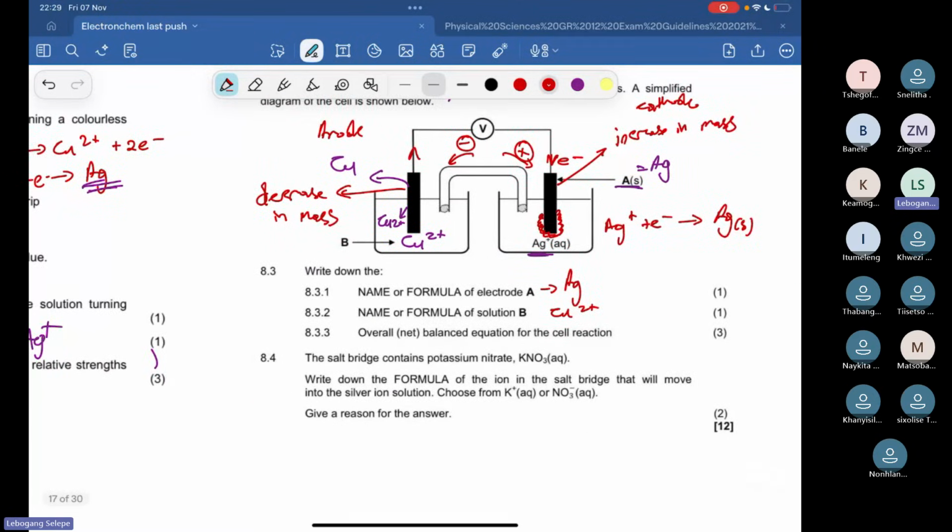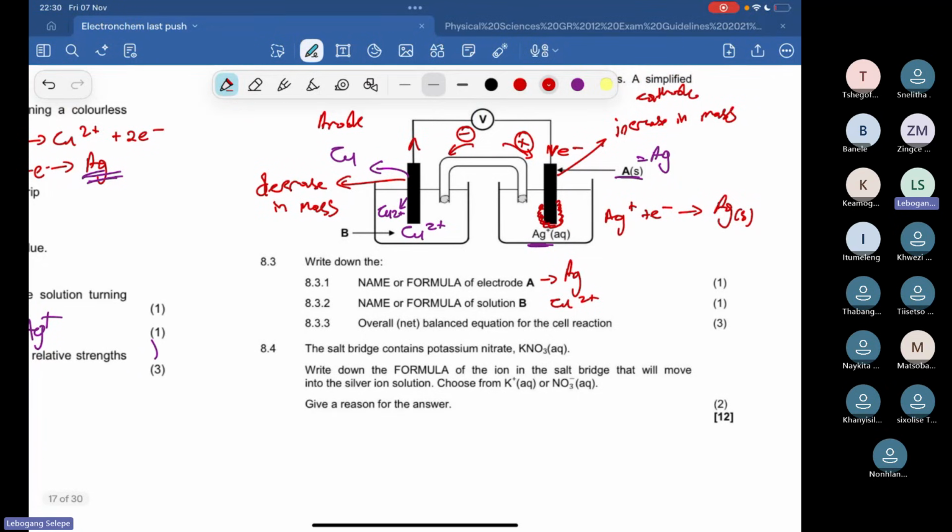Okay, the net equation. Remember, we have to start by writing the oxidation half and the reduction half. As you can see, I've already indicated this half reaction. On this side, we have copper changing to Cu2 plus, plus 2 electrons.